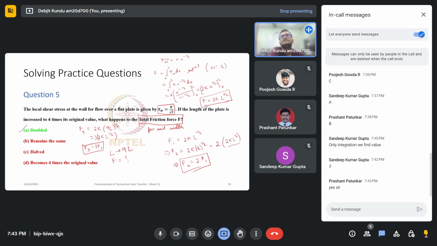Let's say if L becomes n square times L, then F would become n times F. So if L2 is n square L1, then F2 would be n times F1, because the functional form is this one: F equals some constant into L to the power half.